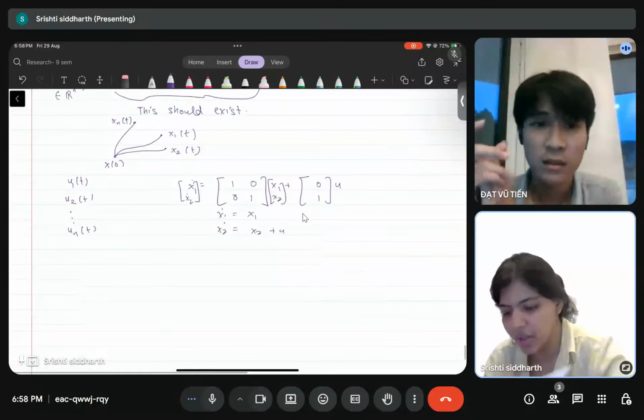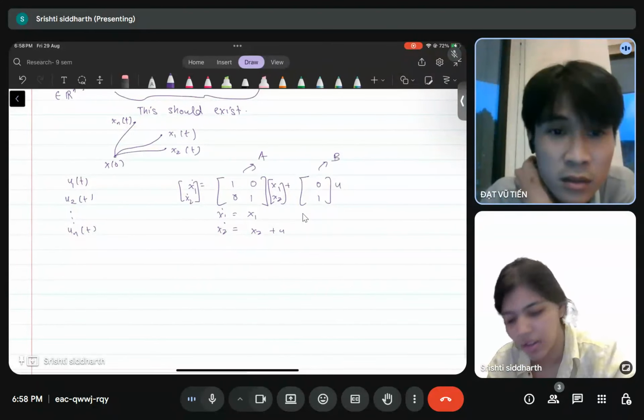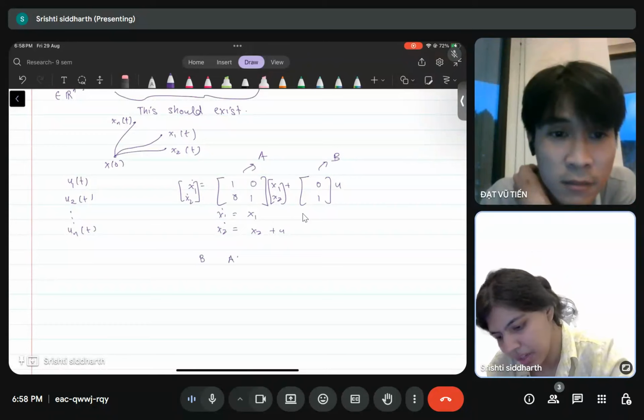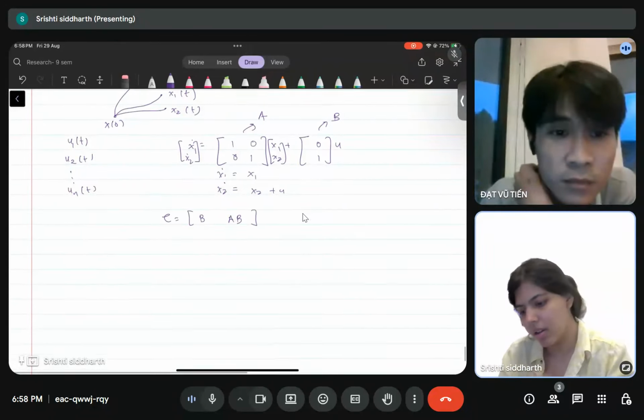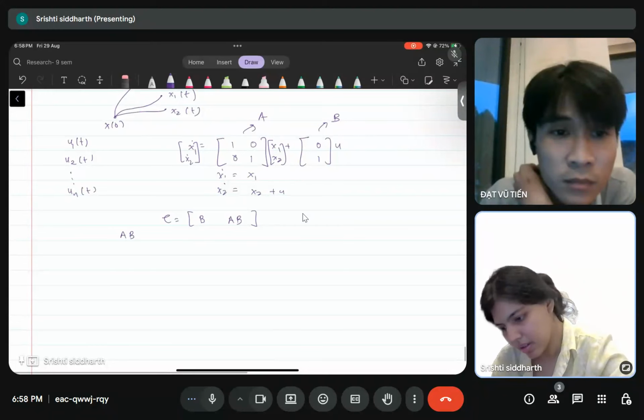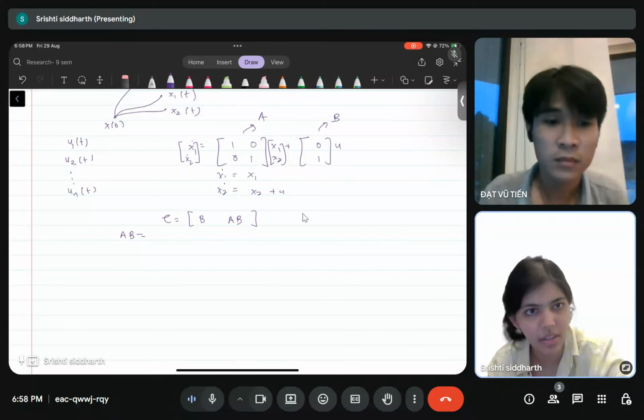Actually, we can check if this is A and this is B, whether the system is controllable, right? The controllability matrix is B and AB. AB is 1, 0. This is easy, right? A is identity in this case.